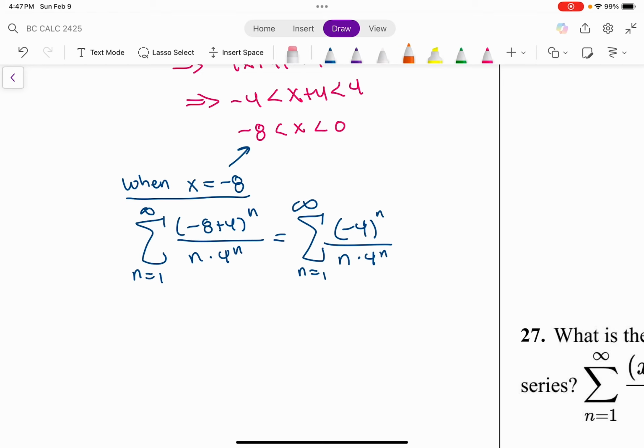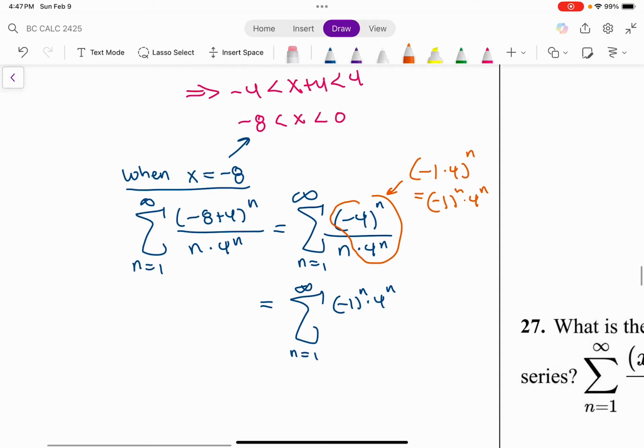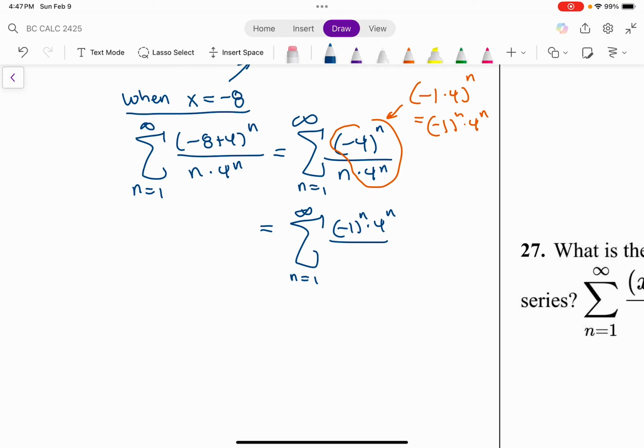And there's a division that can happen here. To be real thorough, this is what you can say. Some good algebra technique here. This is -1 to the n times 4 to the n, because this is like -1 times 4 to the n. Then I get a cancellation, and I'm left with this.